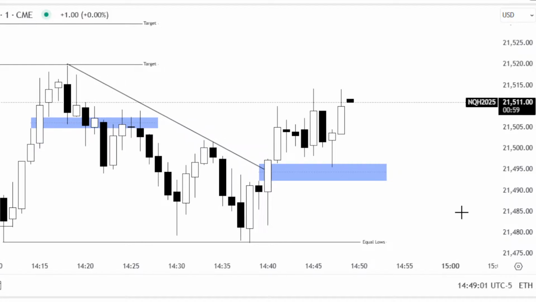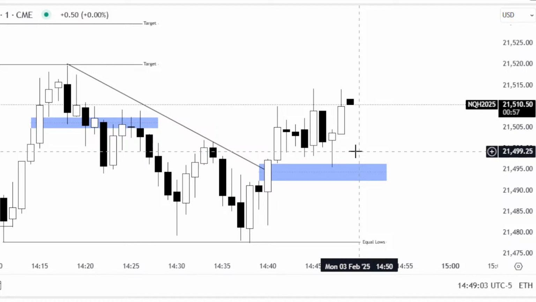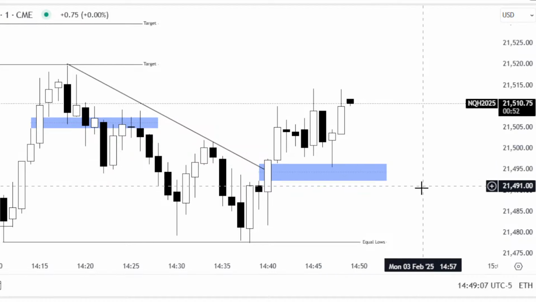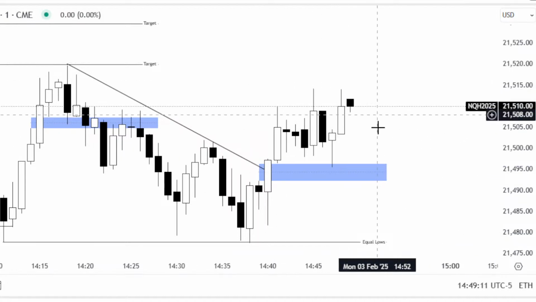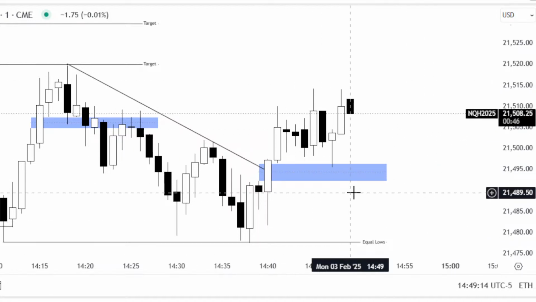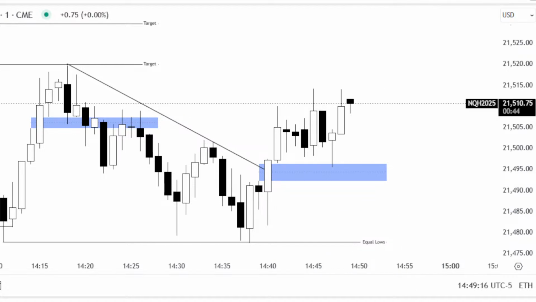Right, so macro time's coming up at 1450 till 1510. So we might see some price movement now in the next minute. If I say price movement, I see a bigger move.